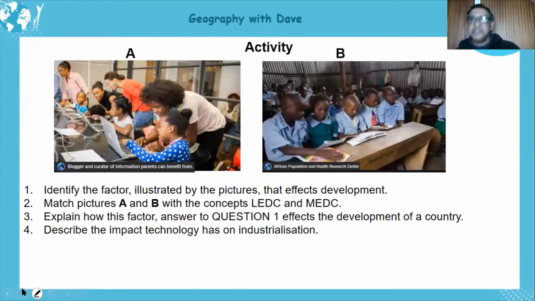Now, as always, we must have some activity. So let's look at what we have here. We see these learners enjoying themselves learning. They've got laptops. They are learning, right? So they seem to have better facilities.